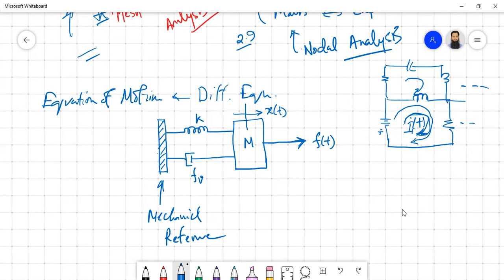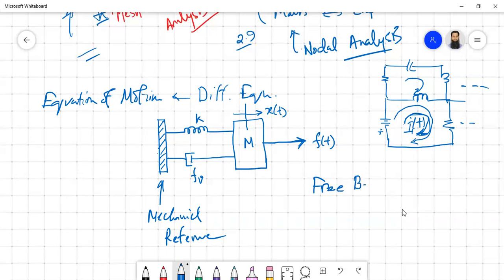Now, how to find the differential equation here? This is what you have to do. For finding the differential equation, you have to find a positive direction, and then you have to draw one special diagram. They call it a free body diagram. I know the name seems a bit odd, but this is what they call it.